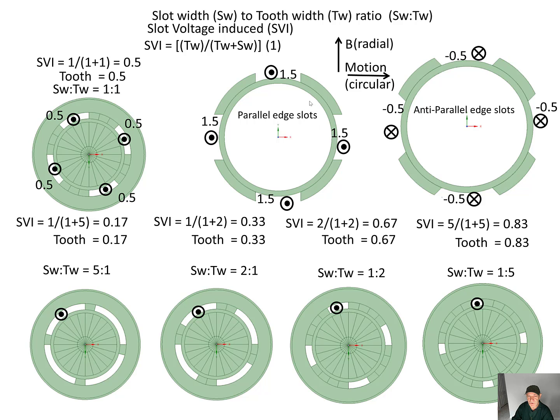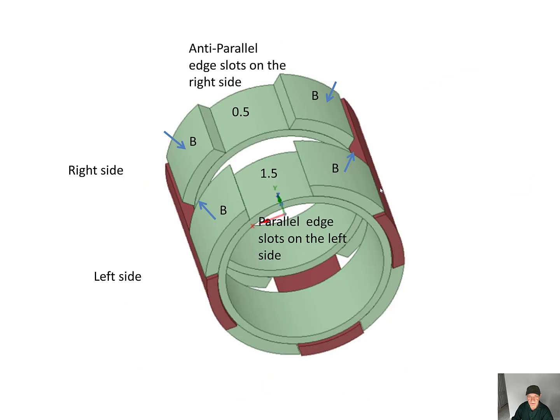What we're going to do is have a device where the left side will have parallel slots, and the right side will have anti-parallel slots. Because the field on the right side is going to be reversed, this will also be in the same direction as on this side, so we can connect it in series. So this is how we do it.